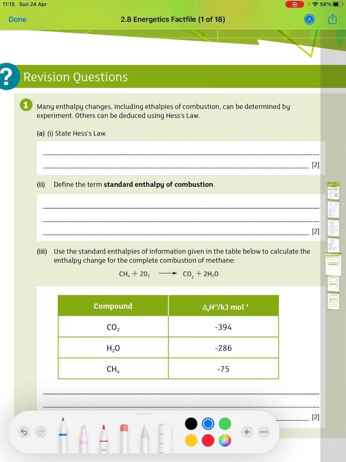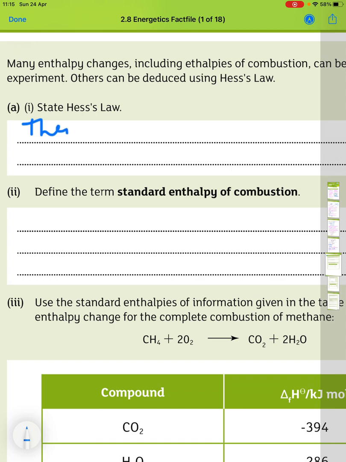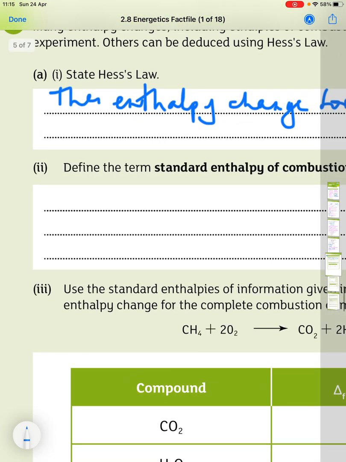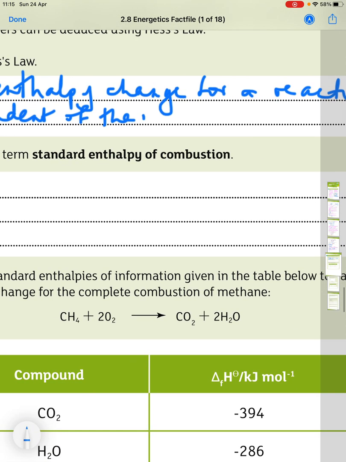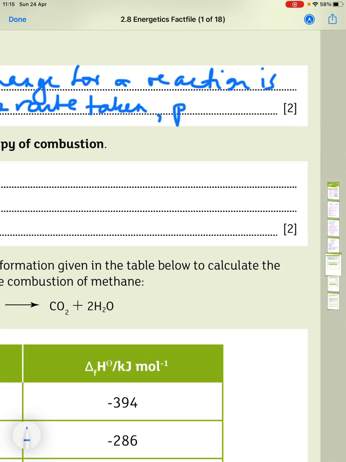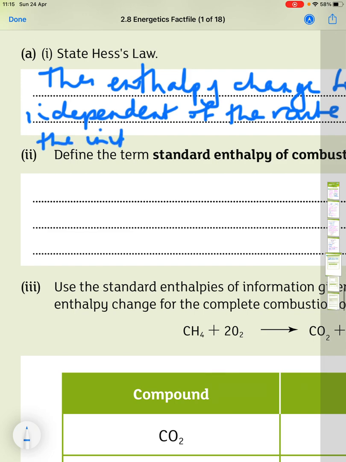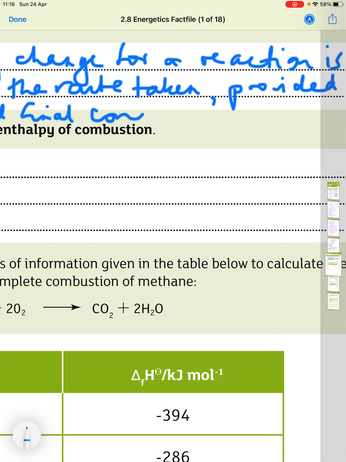State Hess's law. So, quite simply, you're going to say that the enthalpy change for a reaction is independent of the route taken, and we also have to give a proviso, so provided the initial and final conditions are the same.